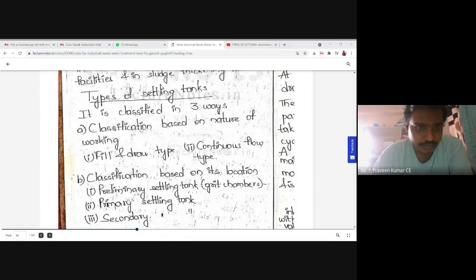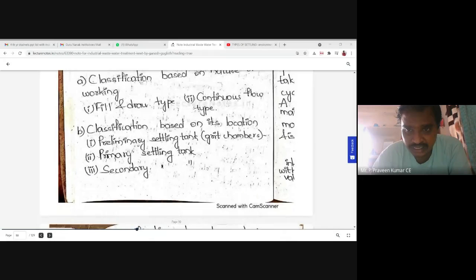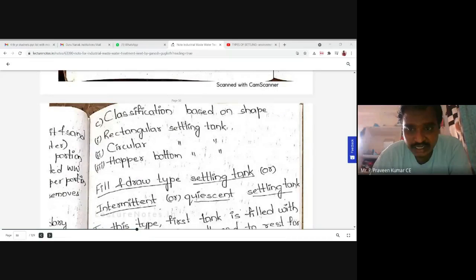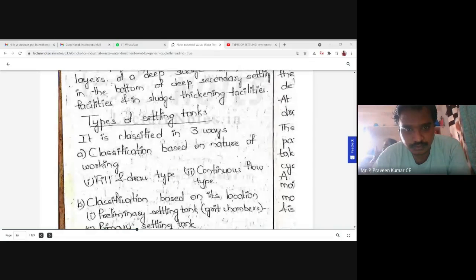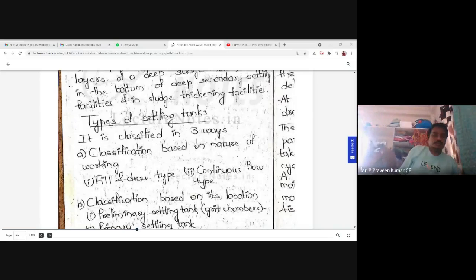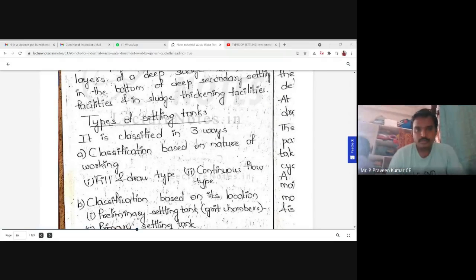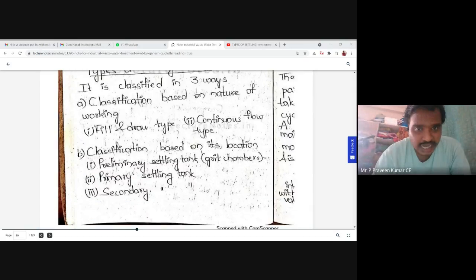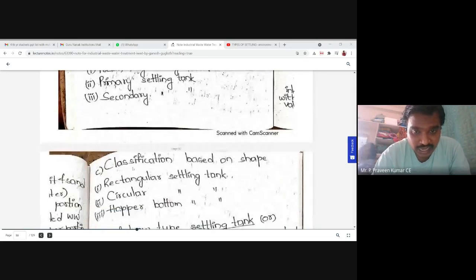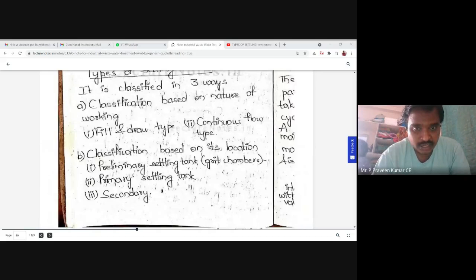It is classified in 3 ways: classification based on the nature of working, classification based on its location, and classification based on its shape.